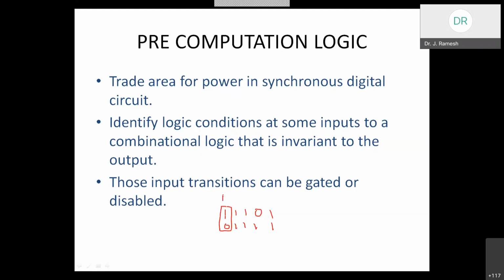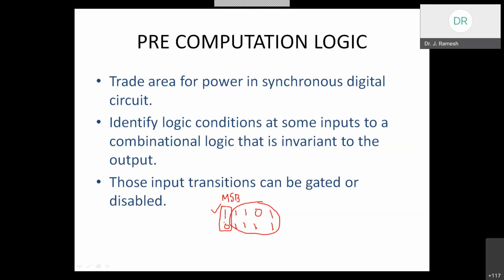From the MSB bit itself, we can conclude which number is greater and which number is smaller. Once we are able to conclude with the MSB bit itself, what is the need for propagating the remaining bits?